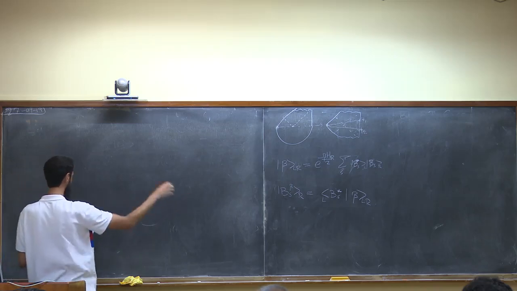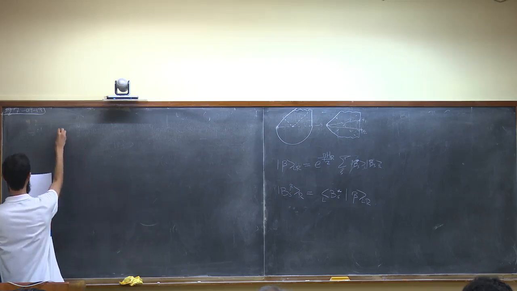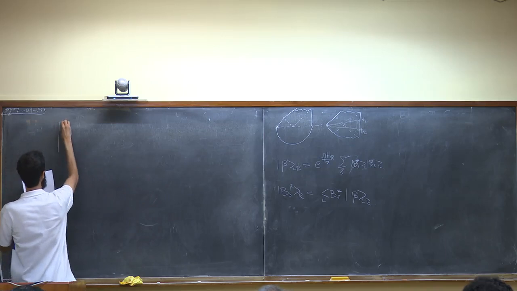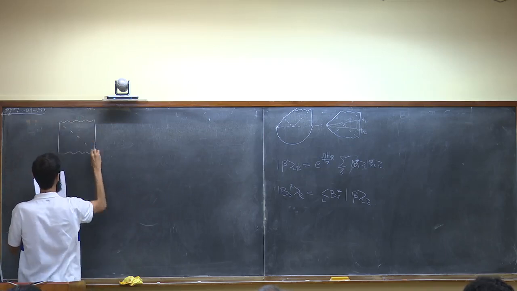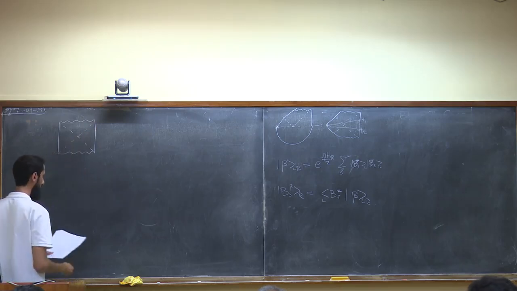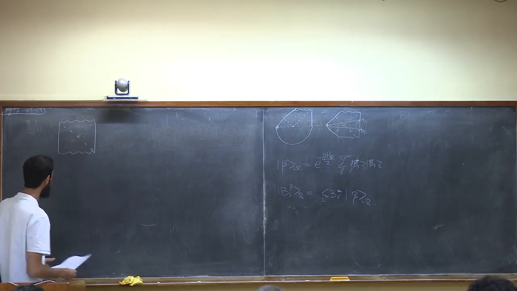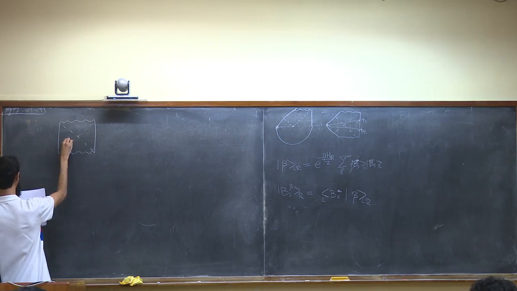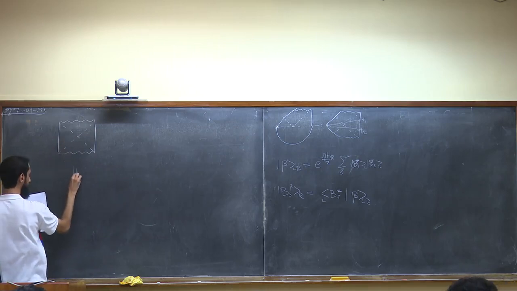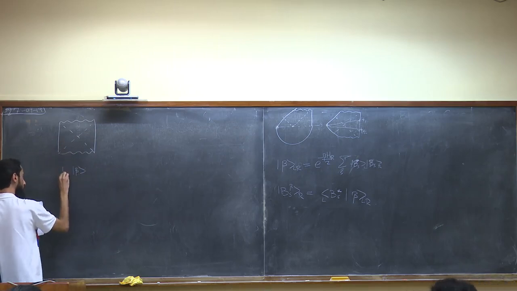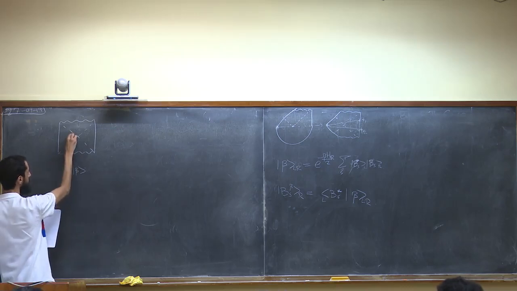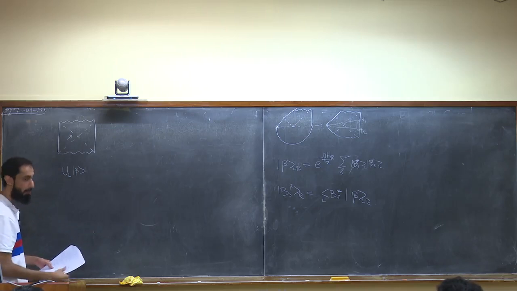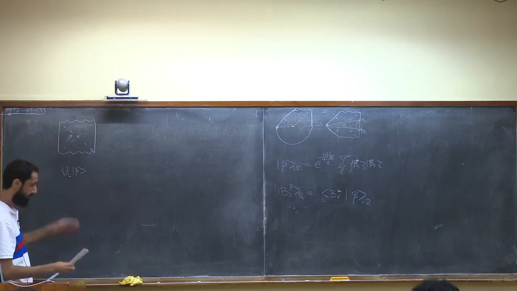So this observation I claim is very important. Say we start with the eternal black hole. I'm going to claim this without proof, that you can start with the thermofield double, act with the unitary transformation, say on the left, which creates a particle somewhere here. So it's deep in the bulk here.